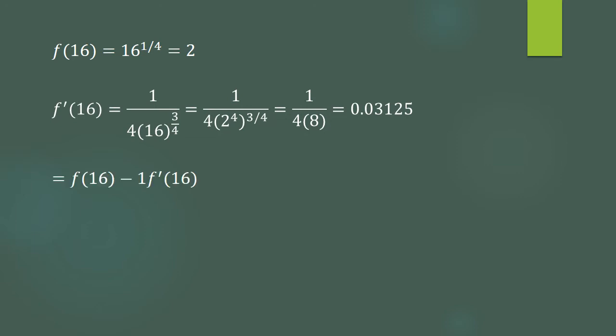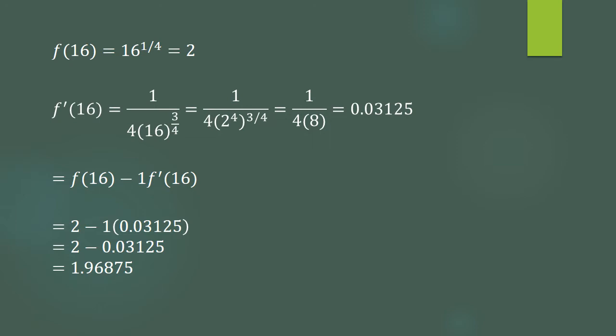Now f of 16 we have found, and f of 15 will be f of 16 minus 1 into f dash of 16. Now replace the values: 2 minus 1 into 0.03125, and when we simplify we get 1.96875.